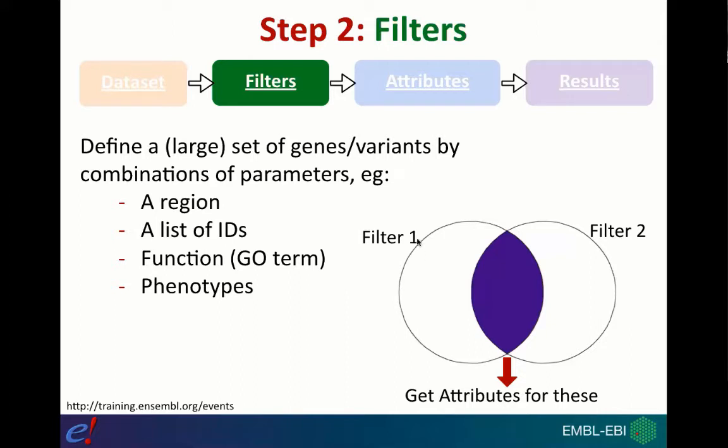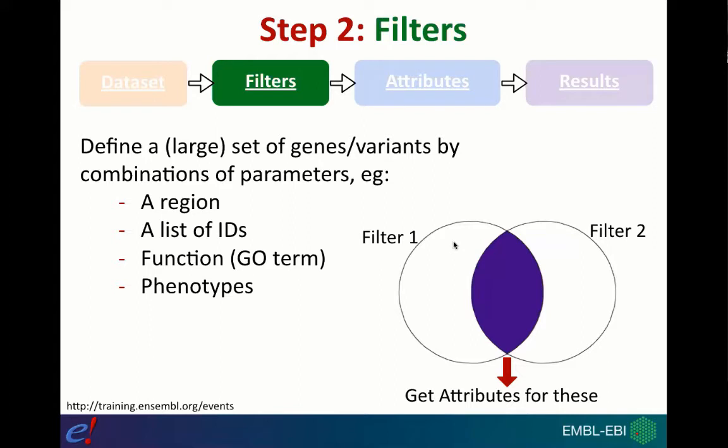Now, importantly to remember is that you can build these queries to become more and more complicated. You can use more than one filter at a time, but you have to remember that you're only going to retrieve information for features that satisfy all the filters. For example, this is a simple query with 2 different filters.